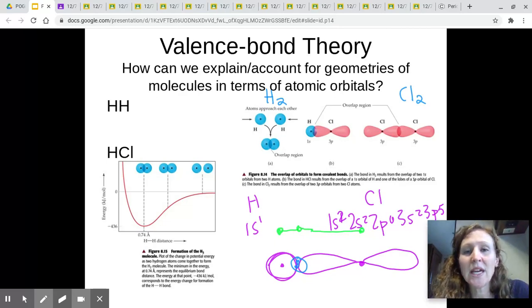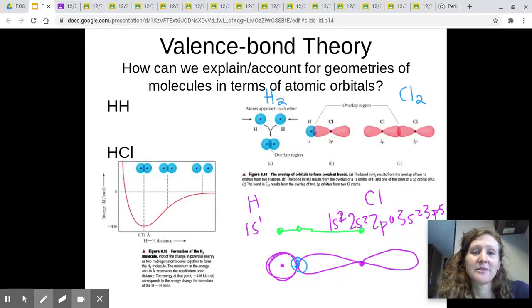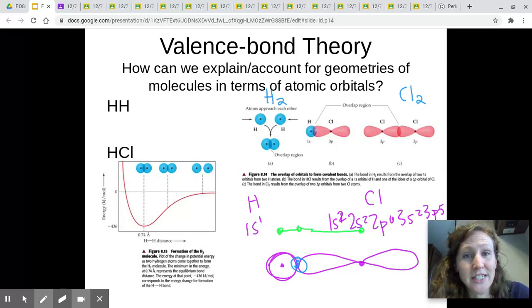And so here's where our atomic orbital theory breaks down. Okay, and so what happens when a model breaks down? Well, we look for evidence that contradicts our model. We have found that, right?